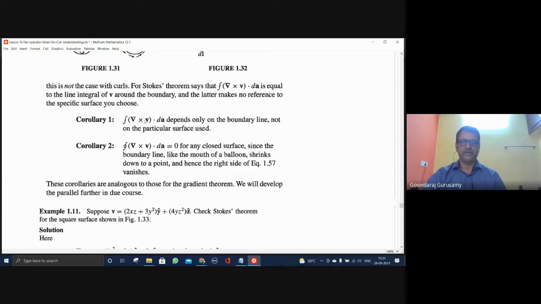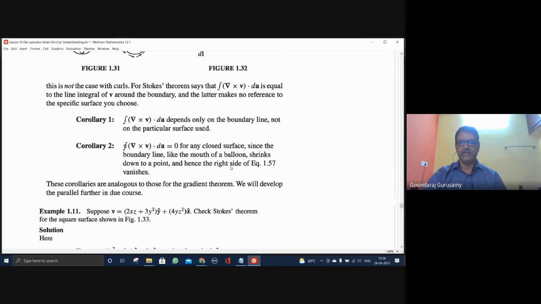So you can have a corollary here. The integral of del cross V dot dA depends only on the boundary line, not on the particular surface used. Corollary 2: the integral of del cross V dot dA equals 0 for any closed surface, since the boundary line, like the mouth of a balloon, shrinks down to a point.